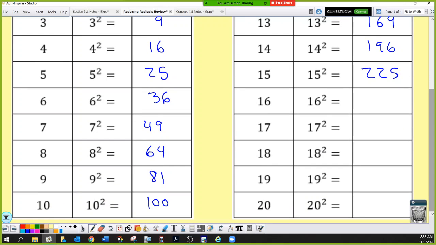16 squared, 256. 17 squared? 289. 18 squared? 324. 19 squared? 361? That's the only one that I struggle to remember sometimes. Pretty sure it's 361.